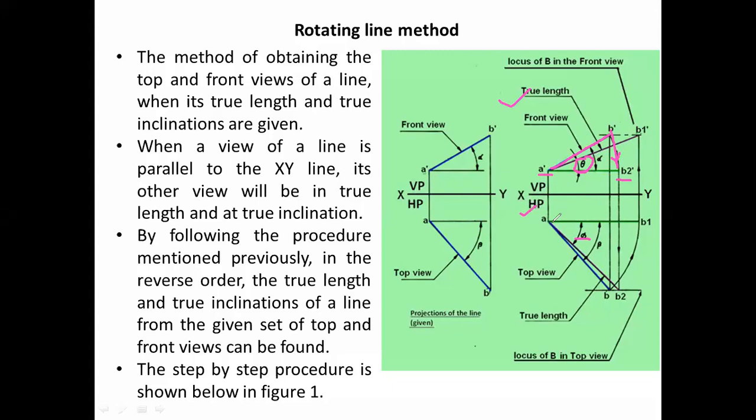Similarly, this AB2, is it correct or is it a mistake? If AB is the line, then this AB1 is parallel to VP. Okay, that is the thing.